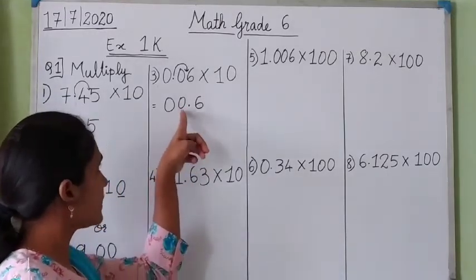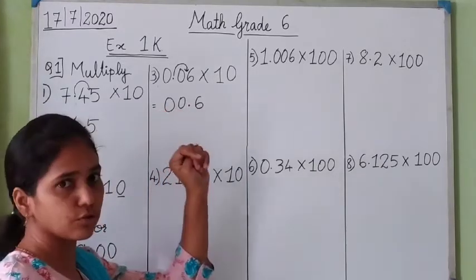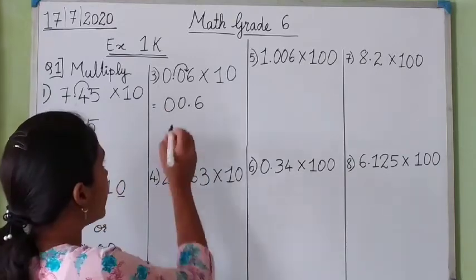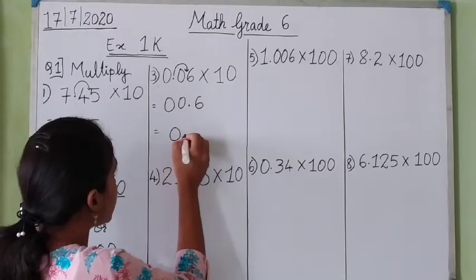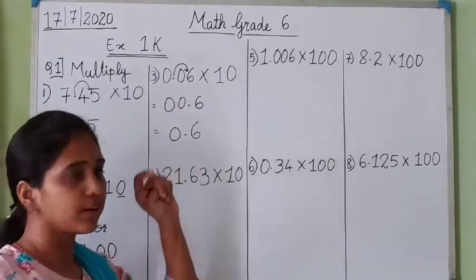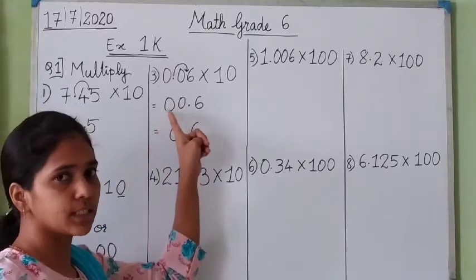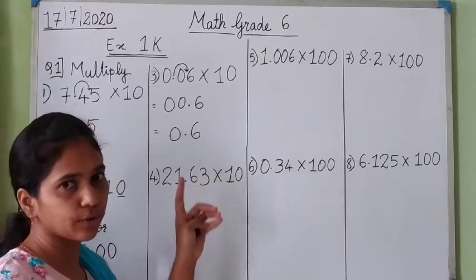But here, as there is 0 in the starting of the number, there is no need to write extra zeros. If the starting of a number is with 0, then there is no point in writing a number of zeros. We can write only 1 zero in place of it.